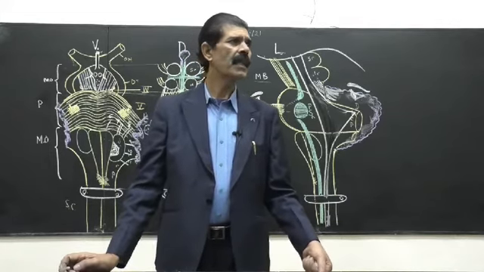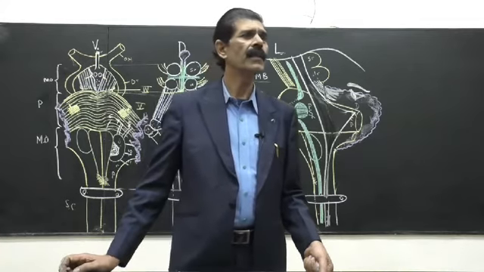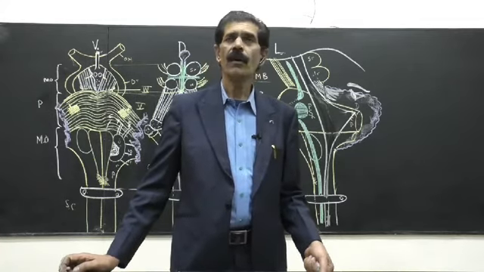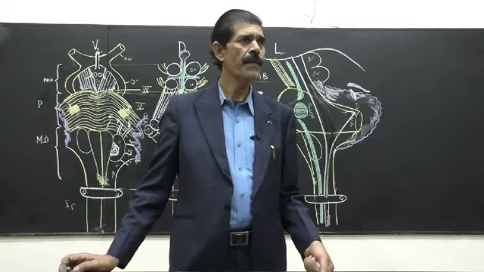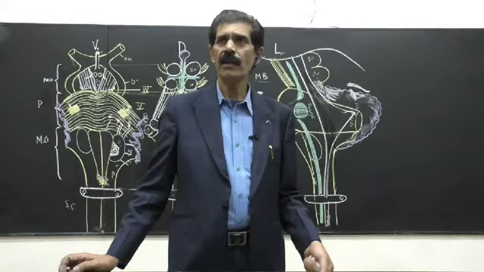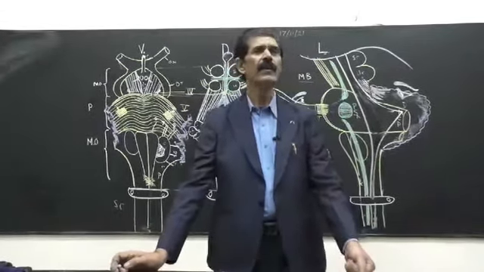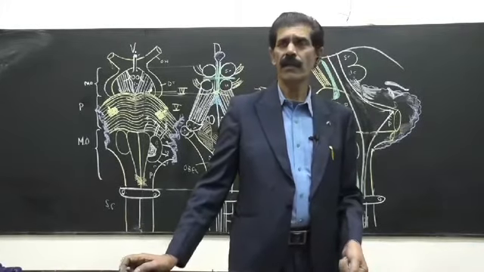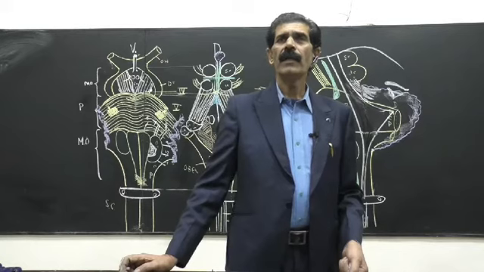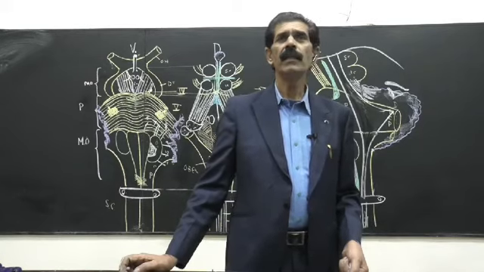They produce the saliva, and production of the saliva is under the control of the brain, or in other words, under the control of the parasympathetic system. We have done the submandibular ganglion for the sublingual and submandibular salivary glands. We have done the otic ganglion for the secretomotor of the parotid gland. And we have done the lacrimatory nucleus for the lacrimal gland. Through which ganglion?